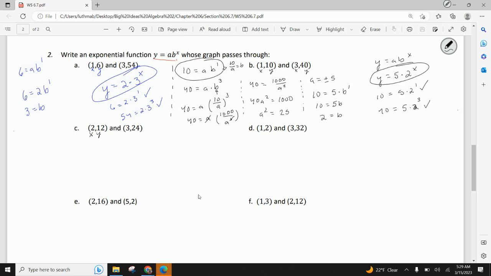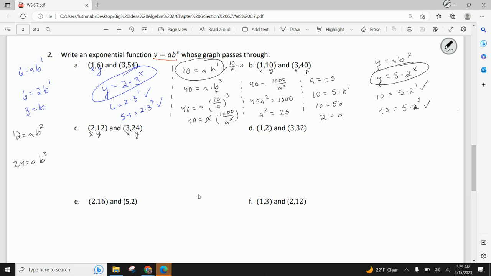X comma y, we go 12 equals a b squared, and then x comma y, 24 equals a b cubed.